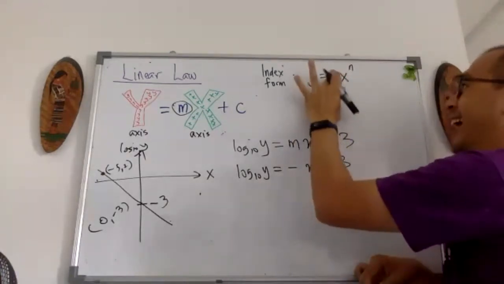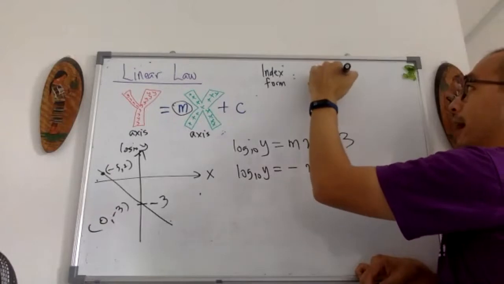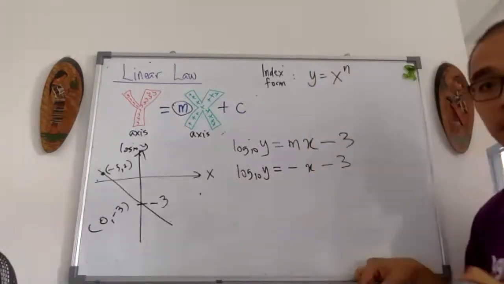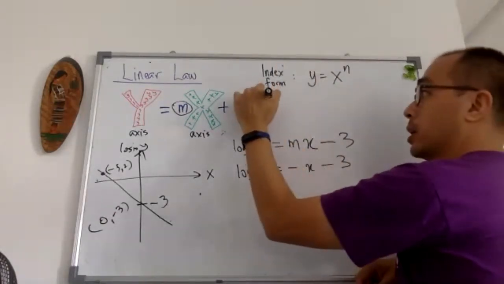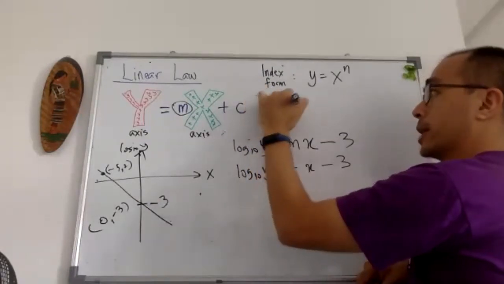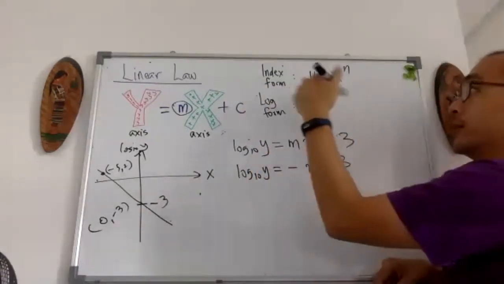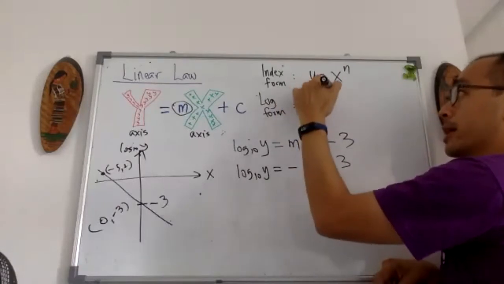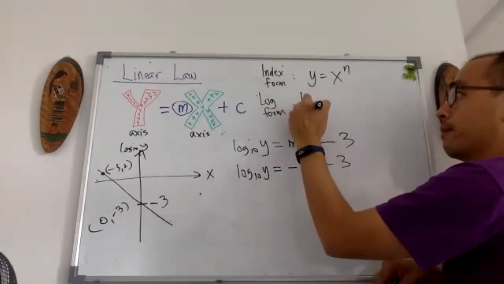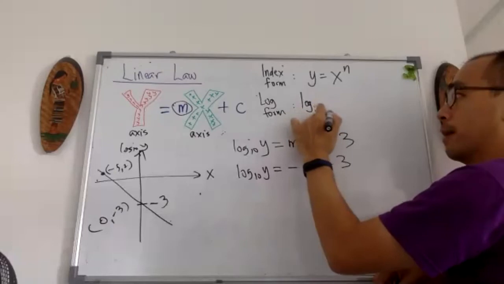Sorry, my fault, x to the power of n. This is index form. If I transform it to log form, this will become log. This x will be the power, base of x.